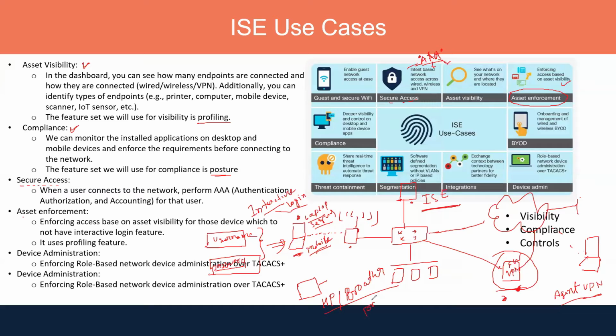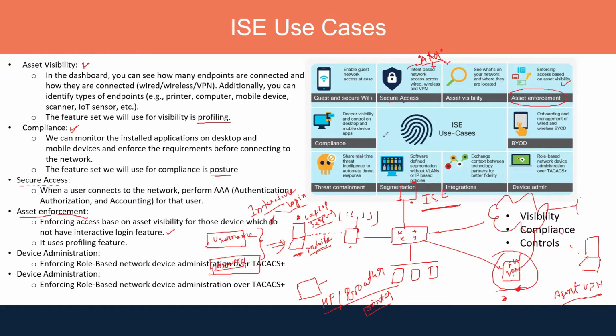If this is a printer, allow it to connect to the network. So all those contexts you can write using asset enforcement, enforcing the access based on asset visibility for those devices which do not have an interactive login feature.